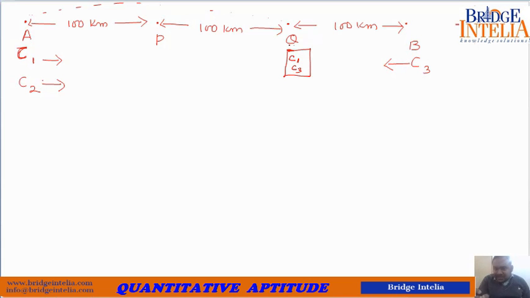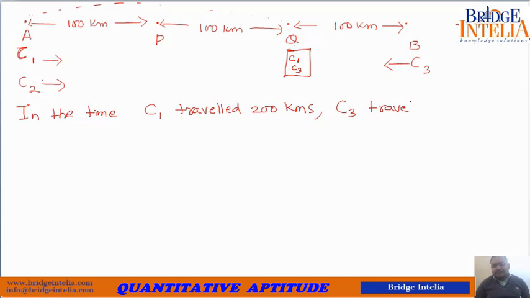To meet there, what distance has car 1 traveled just now? 200 kilometers. So you can say in the time C1 traveled 200 kilometers, C3 traveled how much? Because they have met here, C3 has traveled only 100 kilometers till then.